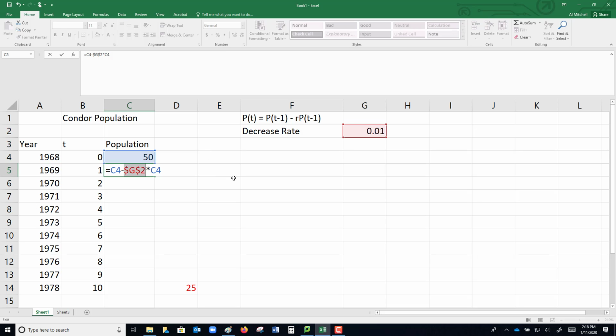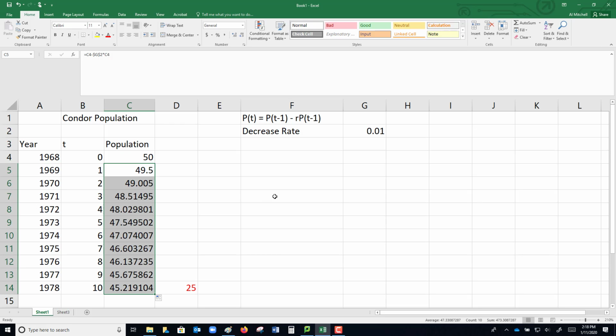When I hit enter, I'll see a value of what the 1969 population is. But remember, from actual data, we know that in 1978, the population will have decreased down to 25. So if I click and drag this, remember the fill handle in the lower right-hand corner, and let go, we can tell whether our model is accurate enough if that value in 1978 is 25.